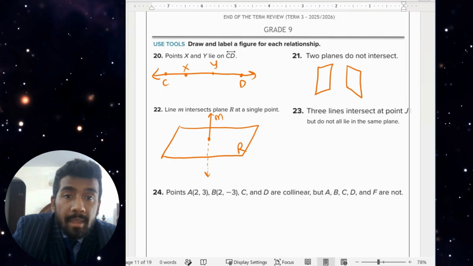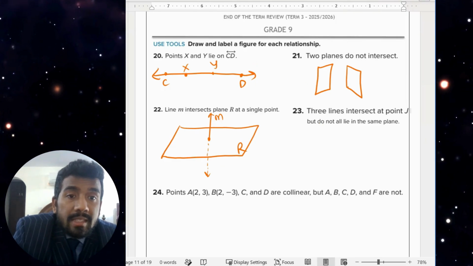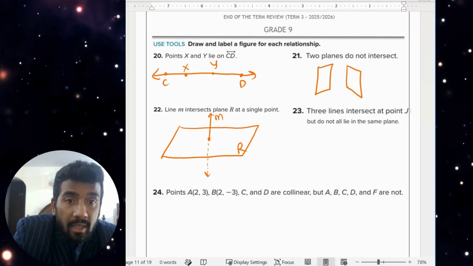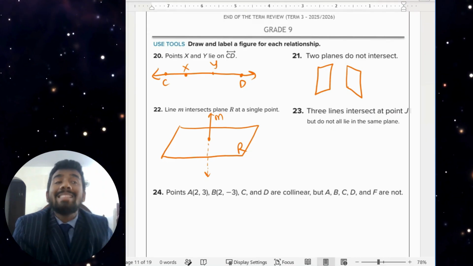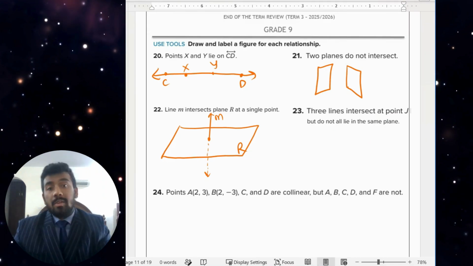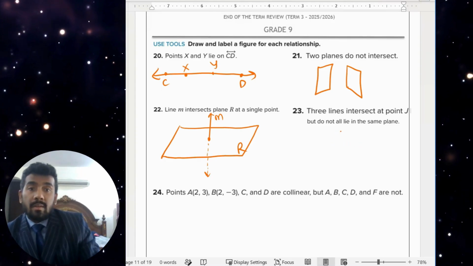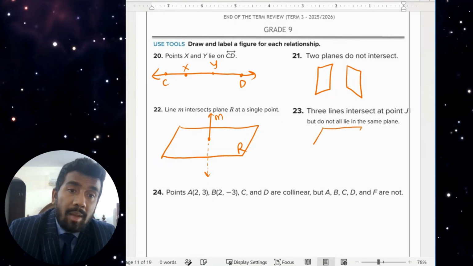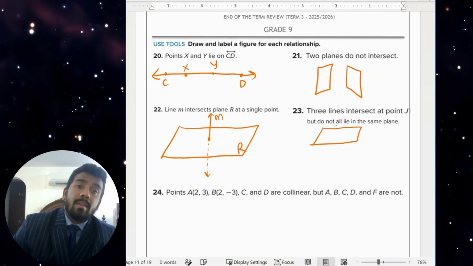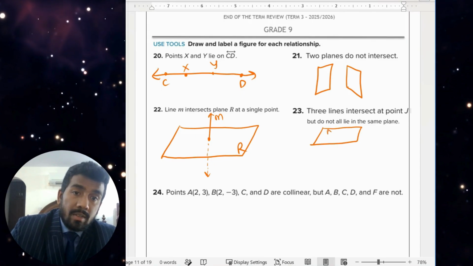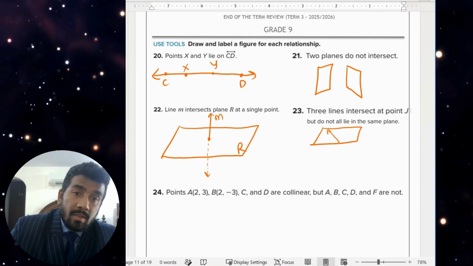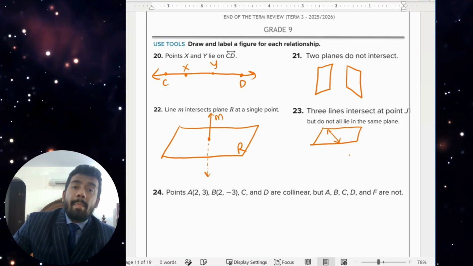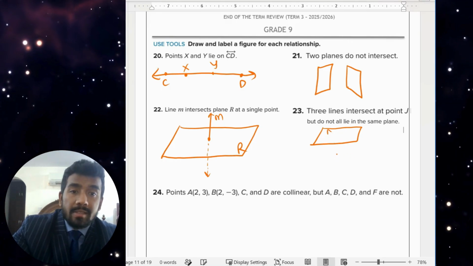Next, three lines intersect at point J, but they do not lie in the same plane. What does that mean? They do not lie in the same plane. So I can take one plane up, or else I can make three planes.